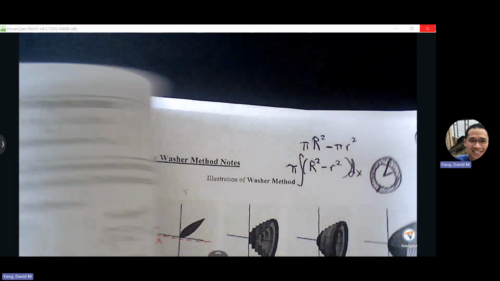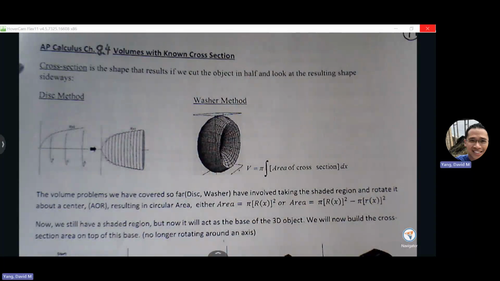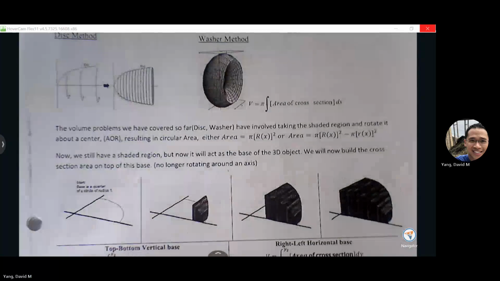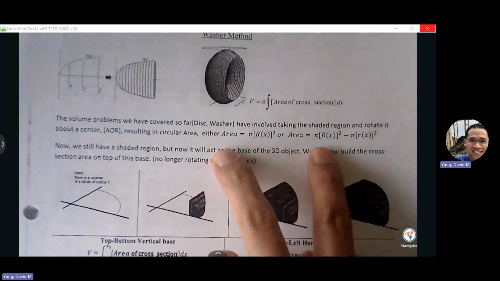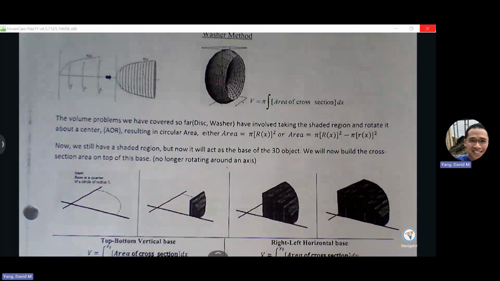So that's why that pi r squared is coming into play. So again, cross section is the shape that results if we cut the object in half and look at the resulting shape sideways. Okay, so circular area, either pi r squared or pi big R squared minus pi little r squared.